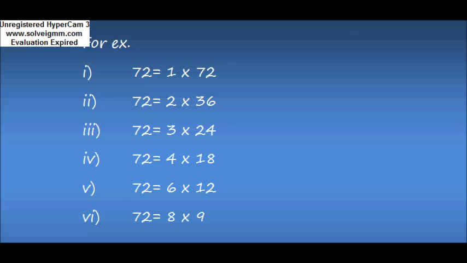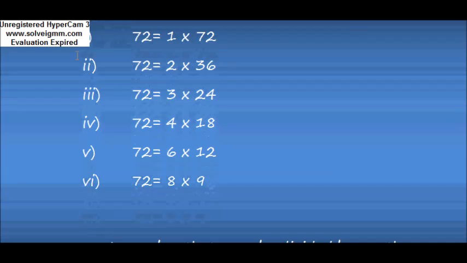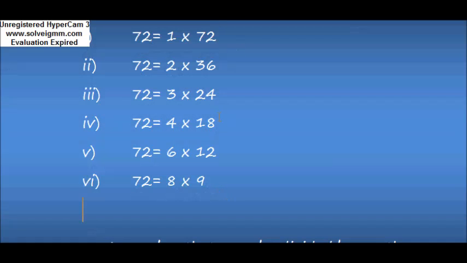In all these expressions you can see that we are factorizing 72 into two parts. We can write more than two terms also.